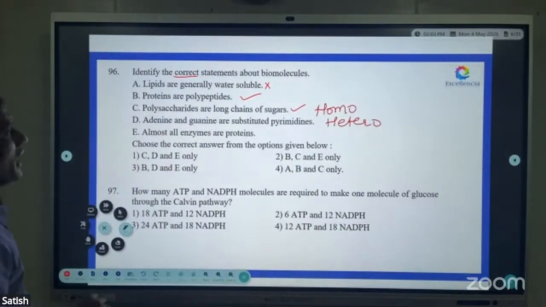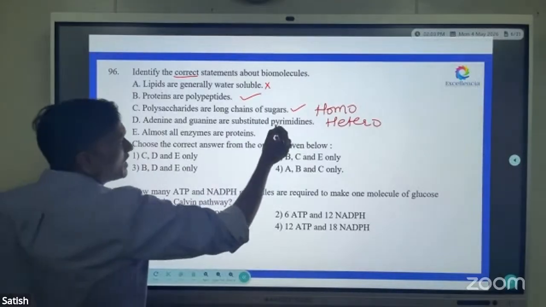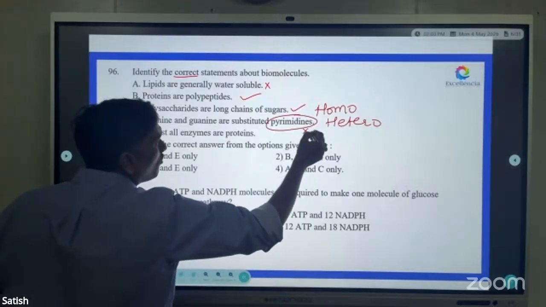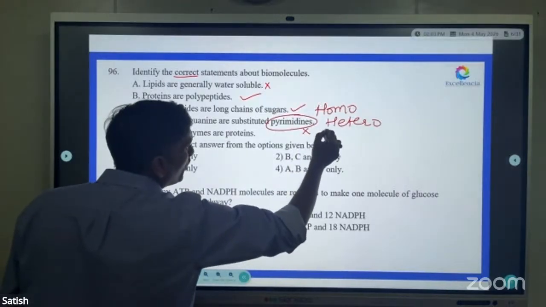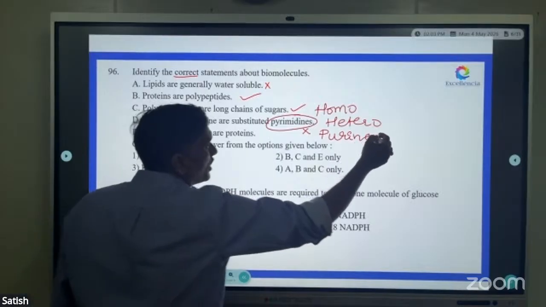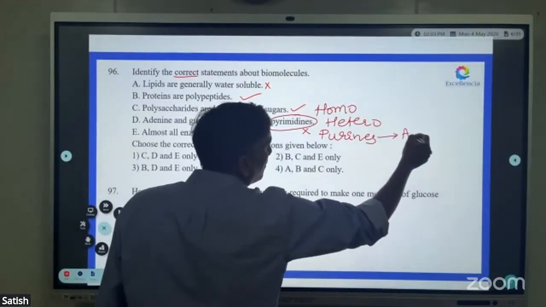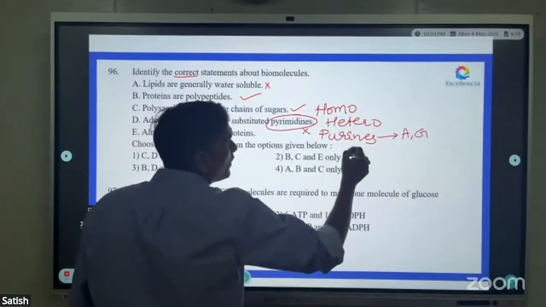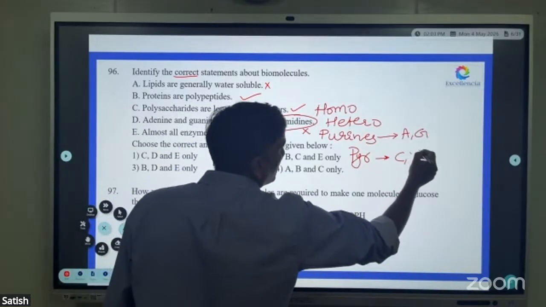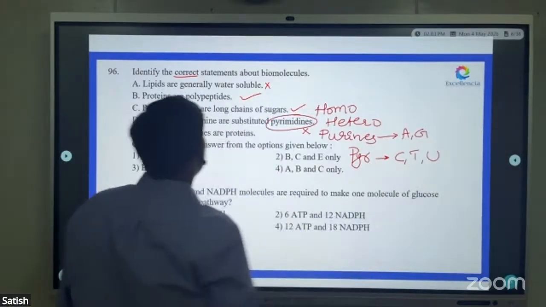Then, adenine and guanine are substituted pyrimidines. Wrong statement, because adenine and guanine are not pyrimidines, they are purines, nitrogenous bases. These are the purines, adenine and guanine, and the pyrimidines are of three types: cytosine, thymine, and uracil.